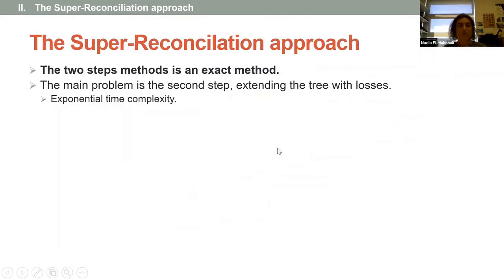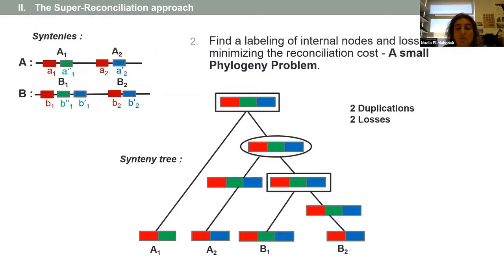This two-step method is exact for computing the duplication-loss history. The main problem is the second step, which consists in extending the tree with losses and inferring the corresponding synteny and segment being duplicated or lost. So actually, the main problem is to infer ancestral syntenies. It's a small parsimony problem of inferring ancestral syntenies and the segment being affected by the event.